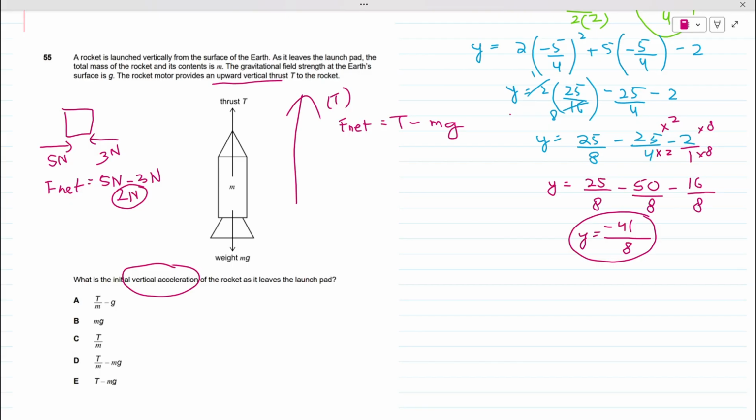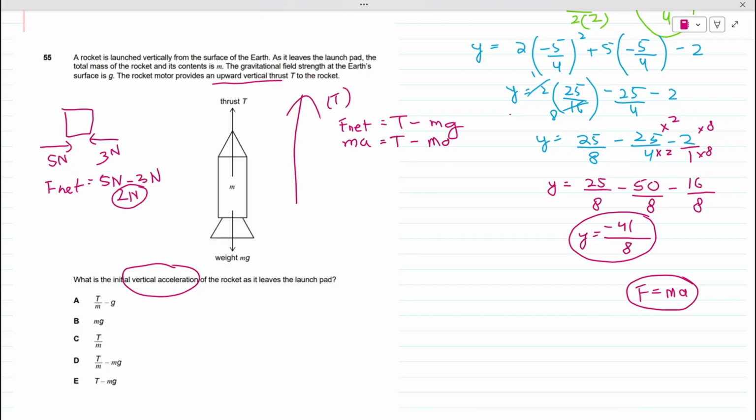Whenever force is applied, the body that has mass m is accelerated, which means F is equal to ma, right? So instead of this F net, now we can substitute it by ma, which is equal to T minus mg.